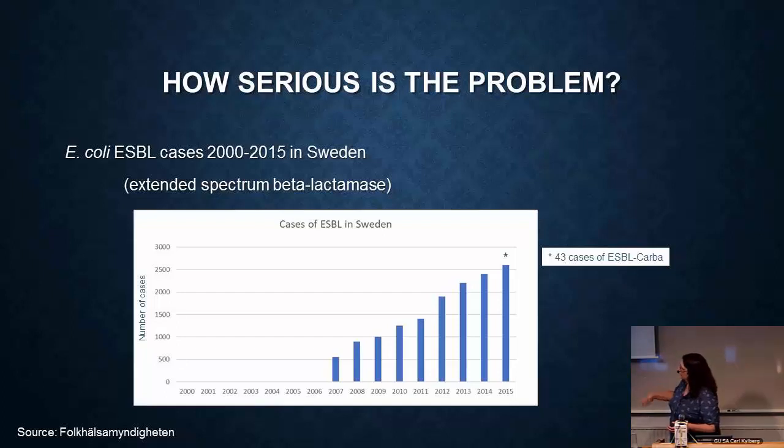But looking at this curve, what you can clearly see is increasing rapidly. What's even more scary is that in 2015, there were 43 cases of something called ESBL carba, which means that it is resistant to yet another antibiotic. And that antibiotic is one that is considered a last resort antibiotic. So things are relatively good in Sweden, but things are not going to stay that way over time.